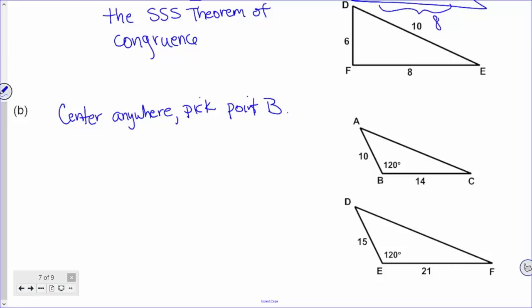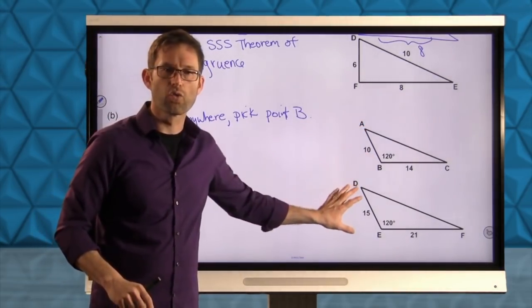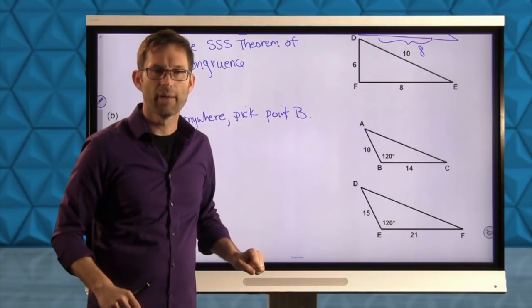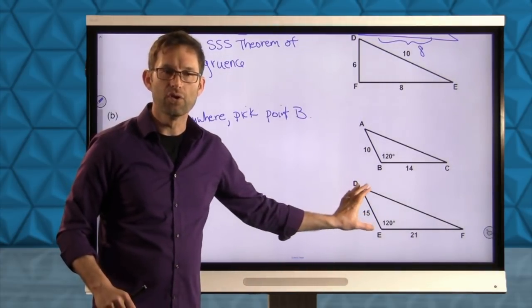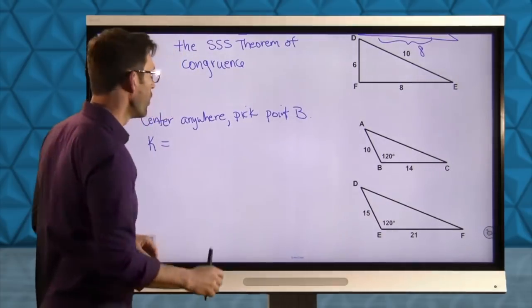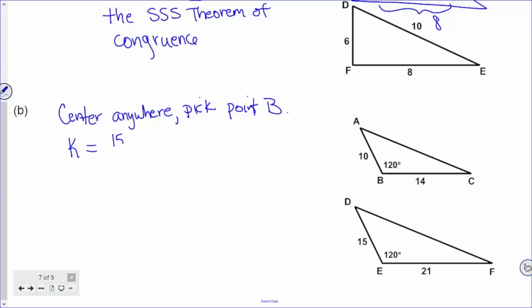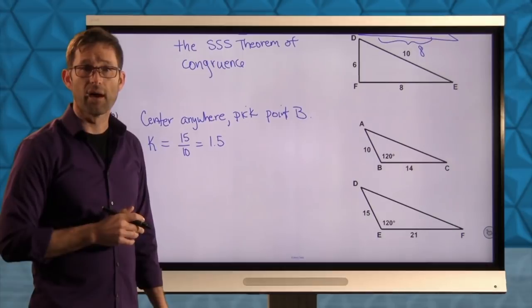But what's the k going to be? Remember, we want to make ABC congruent to DEF. All right? So we should take one of the newer measurements and divide it by one of the older measurements. So maybe we'll take that 15 and divide it by 10. And that will give us either 3/2 or 1.5 as the scaling constant.